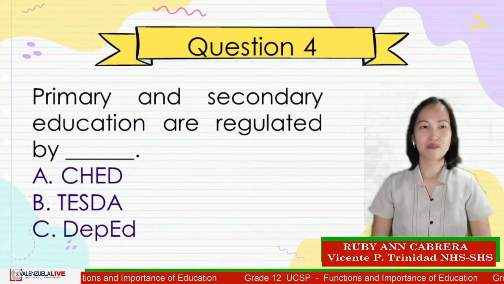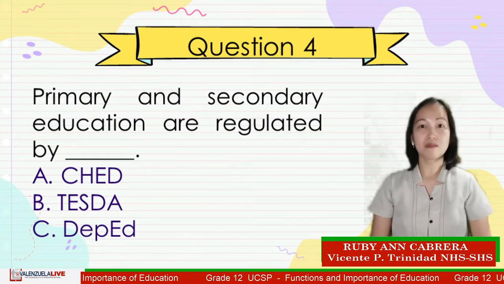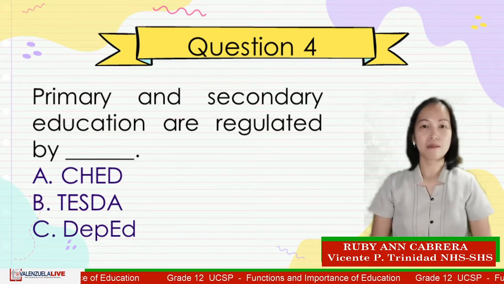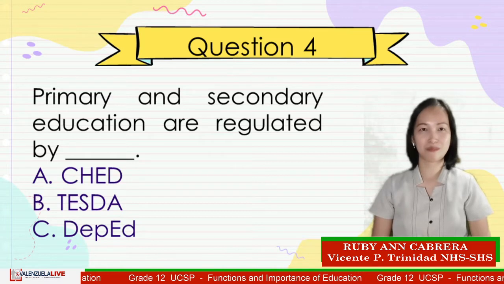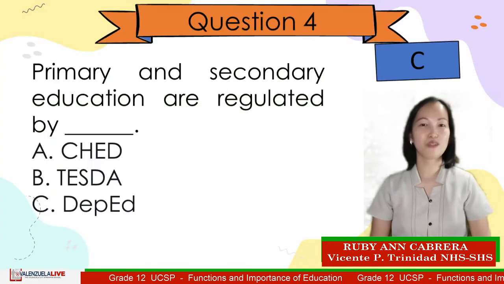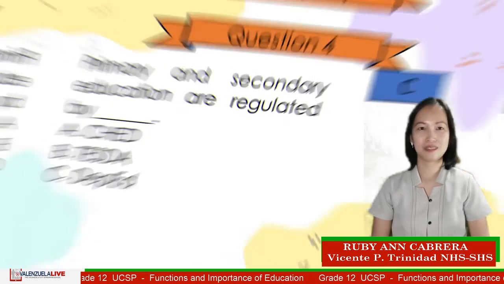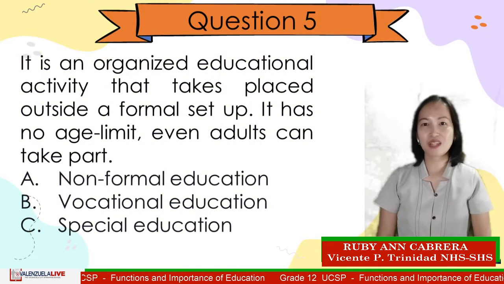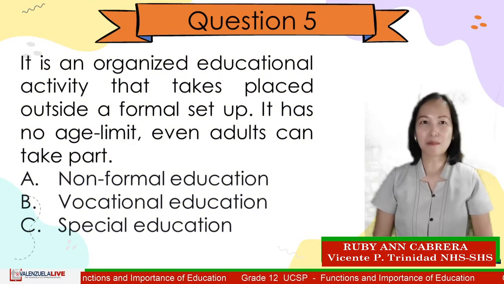Question 4. Primary and secondary education are regulated by A. CHED. B. TESDA. C. DepEd. Of course, the correct answer is letter C. Question 5. It is an organized educational activity that takes place outside a formal setup.